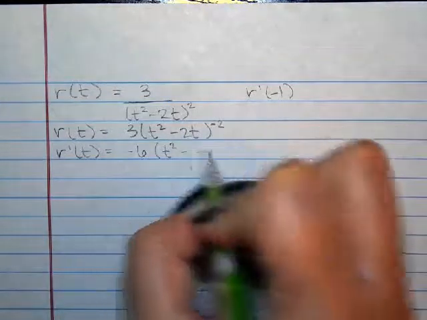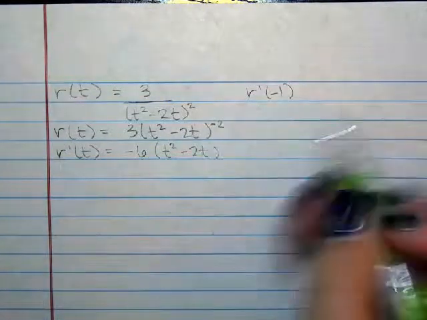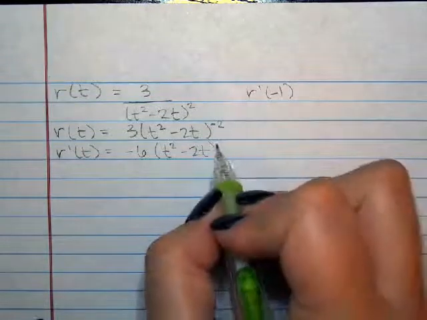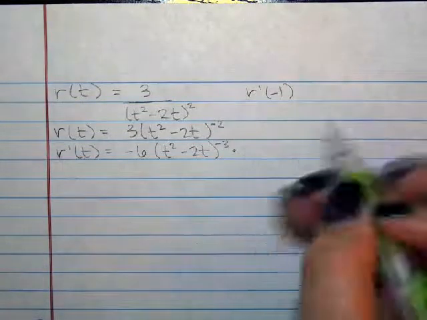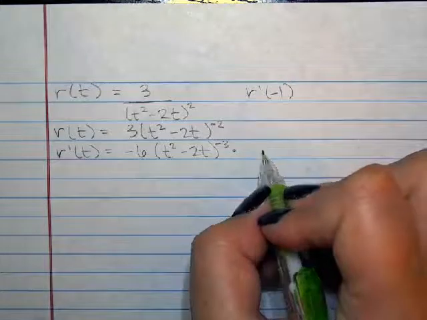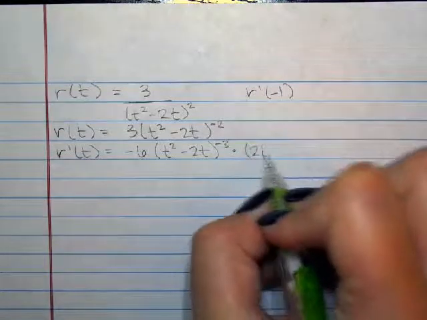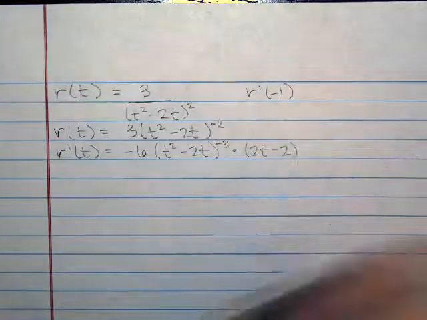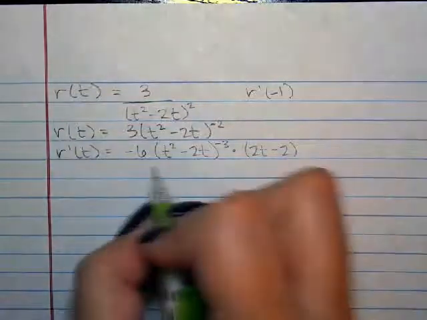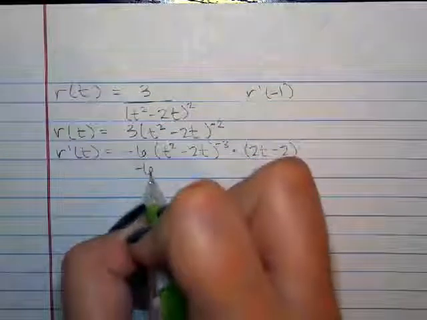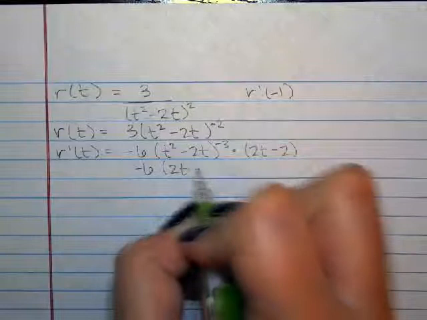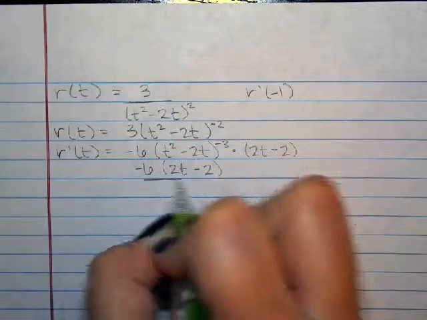Okay, so I'm just going to clean it up a little bit. I'm going to do negative 6 times 2t minus 2, and I'm going to put that over t squared minus 2t to the third. And then I'm not going to worry about doing anything else. I'm just going to plug in the negative 1.